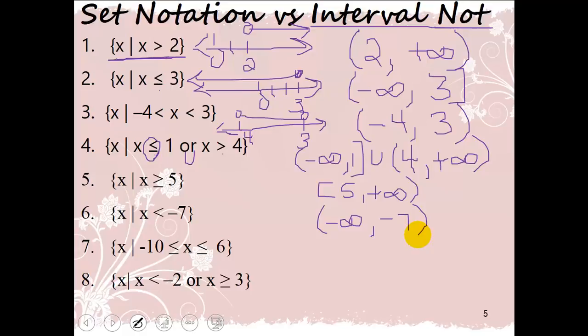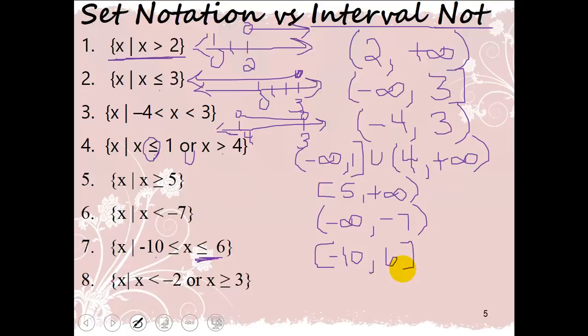And then on 7, we would have bracket. My smallest number between these two is 10. That's the smallest. It goes on the left. My biggest number is a 6, and it also is associated with that inclusive. So both of those are brackets.